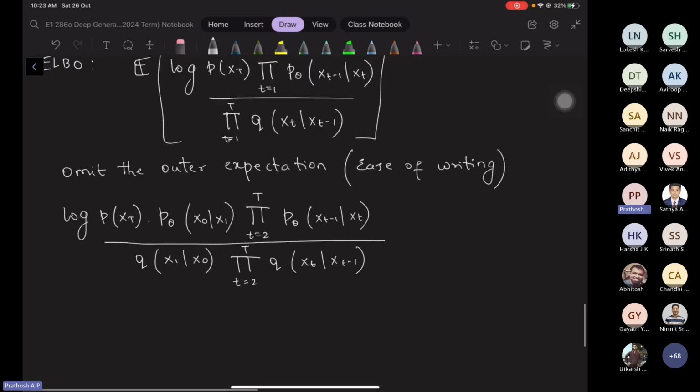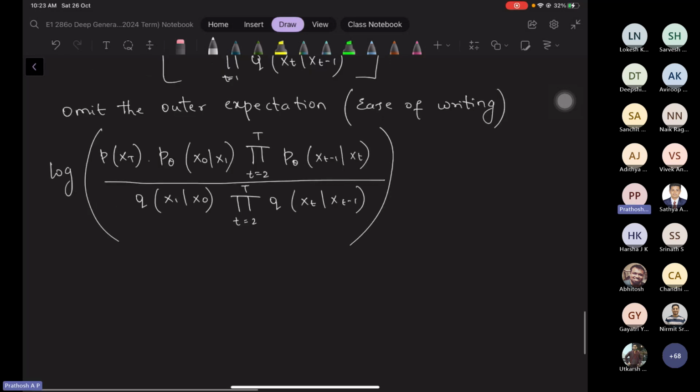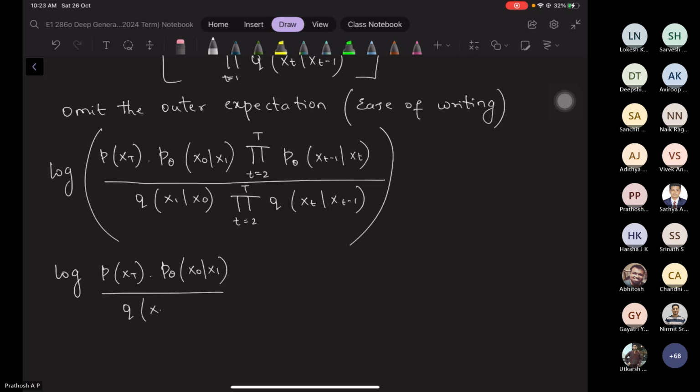Right now, this log is for everything. I'll use the law of logarithms and pull these things outside. So the first term is log of p(xT) times p theta of x naught given x1, divided by q of x1 given x naught.